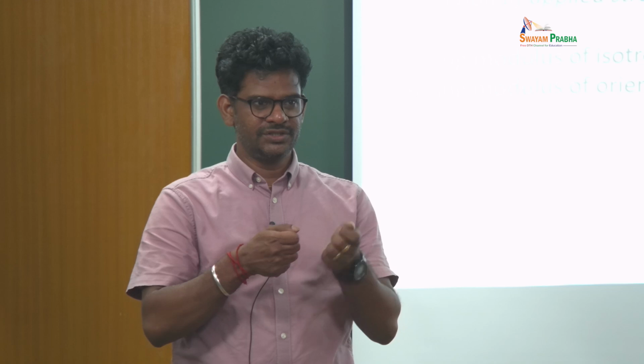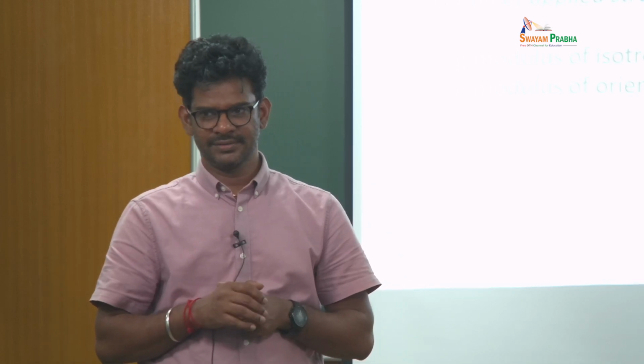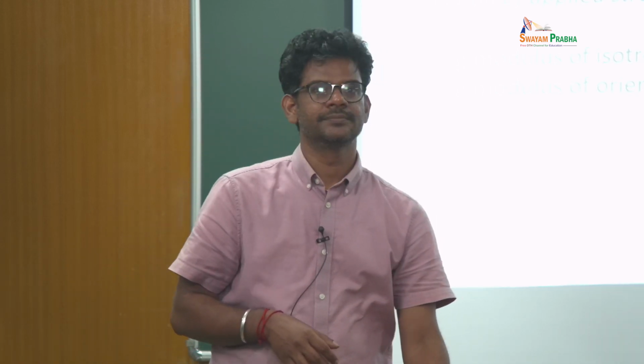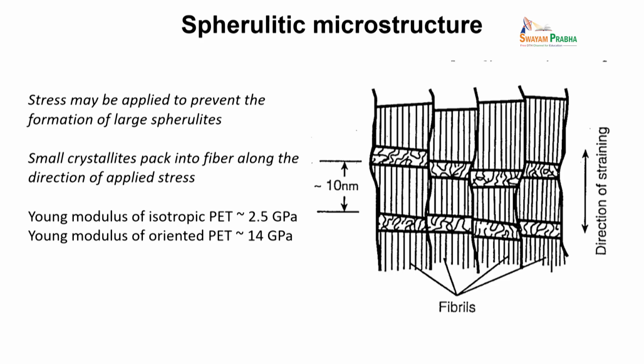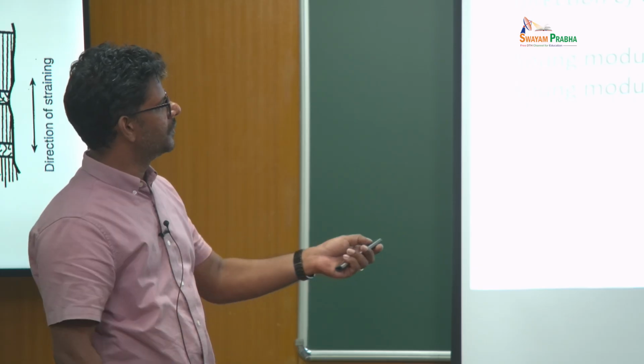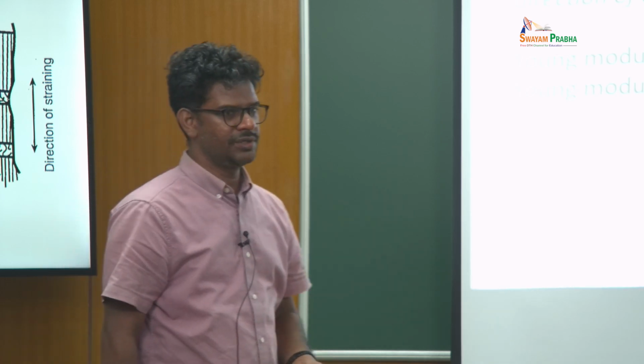Then, depending upon how you crystallize, how you process, and how the chains are oriented within this plastic, the property can also change dramatically. So that's what I'm trying to show here: you can apply stress and strain to prevent formation of large spherulites and orient the growth of spherulites in one direction, and therefore control the mechanical strength of this material.